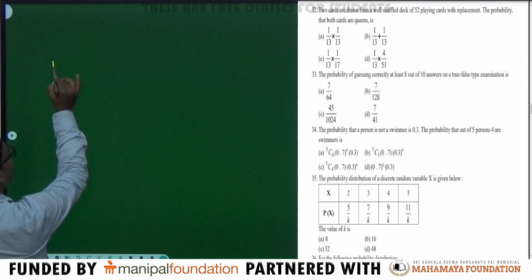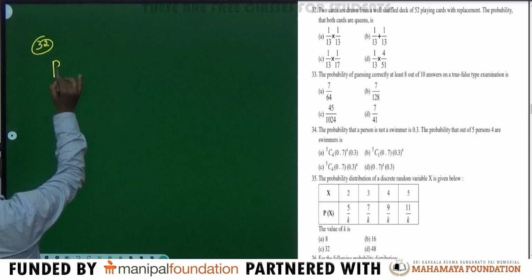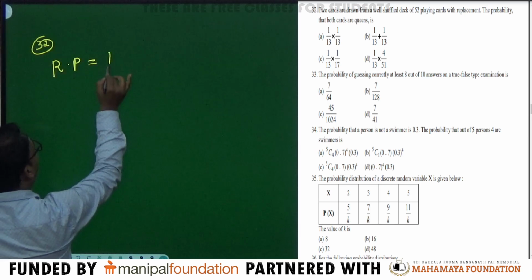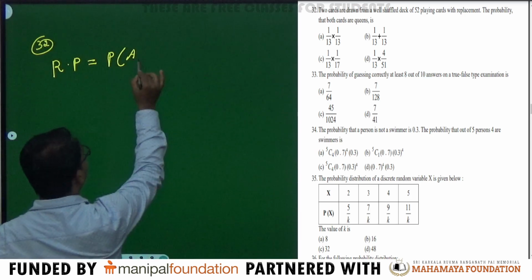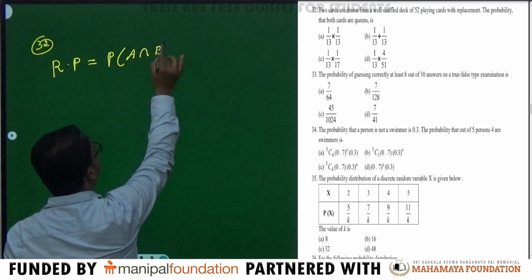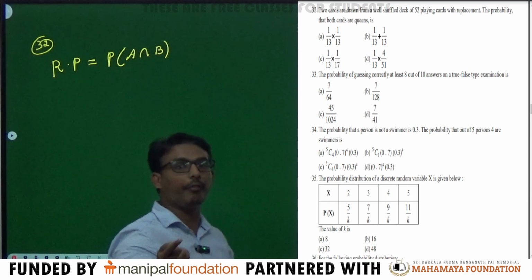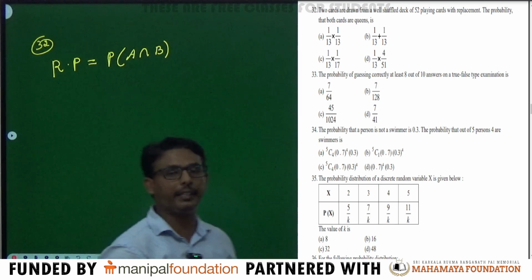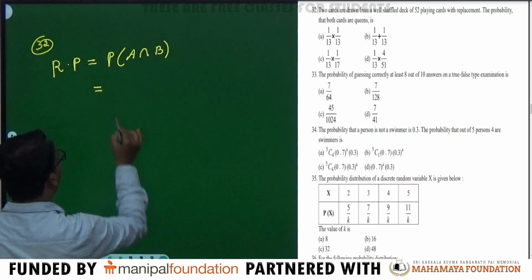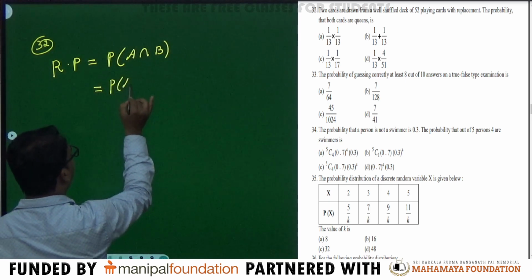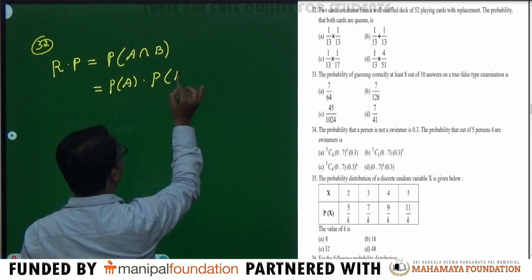Therefore, for question number 32, the required probability is equal to the probability of taking the first card as a queen and taking the second card also a queen. Since we are taking the cards one after another with replacement, these are independent events. Therefore, probability of selecting the first queen card into probability of selecting the second queen card.